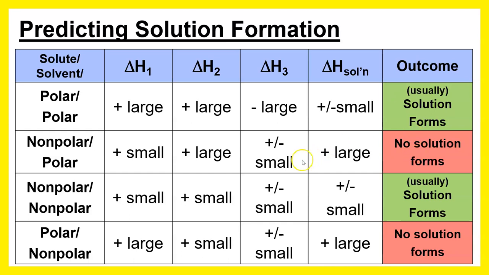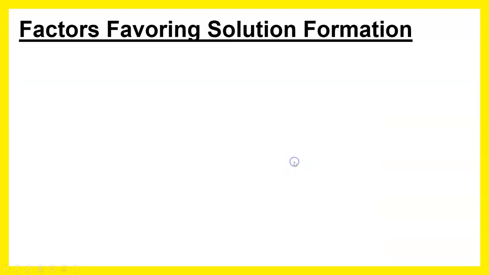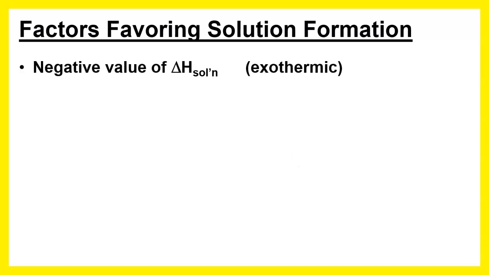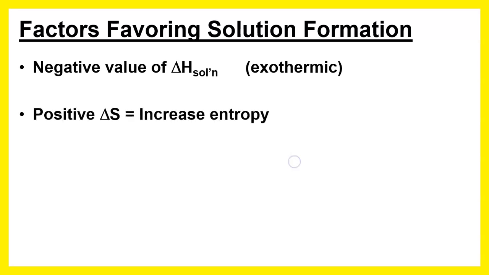So the best combo, remember we would always think about which was the best combo for delta G. It was exothermic and high change in entropy, high increase in entropy. We have a similar thing here. The factors that favor the formation would be that the overall solution is exothermic and that we have a large increase in entropy.